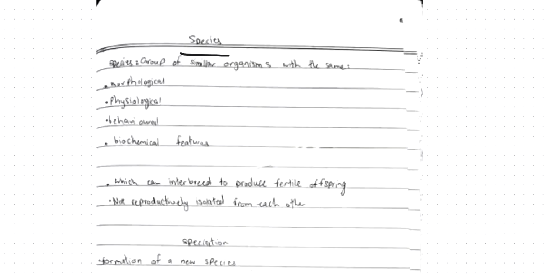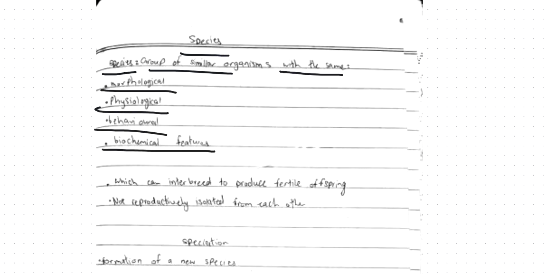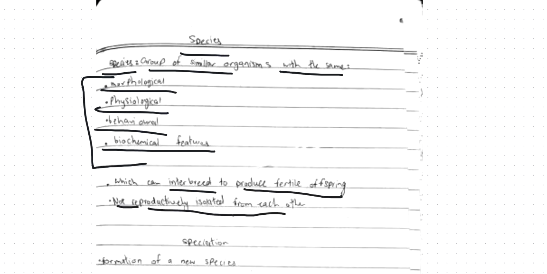A species is a group of similar organisms which have the same morphological, physiological, behavioral, and biochemical features. So remember these four features of a species, and they can interbreed to produce fertile offspring, and they are not reproductively isolated from each other.